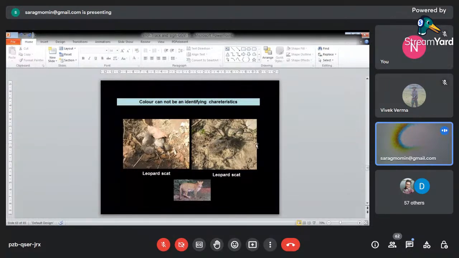Now look at the scat of leopard. Here this one is white in color, this one is black in color. The same species may have two differently colored scat. Do you know the reason?